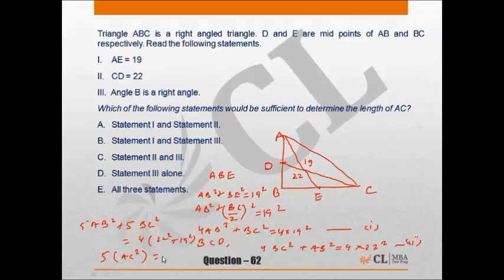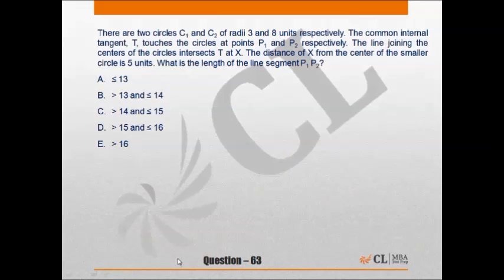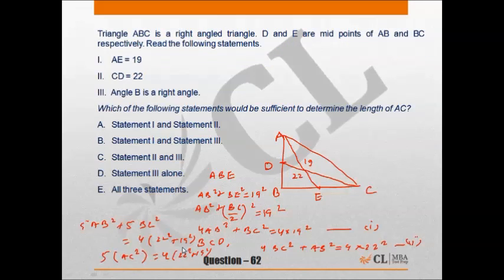So from here we get 5AC square equals 4 into 22 square plus 19 square. From this equation it's obvious that we can compute the value of AC, though we do not need the exact value of it. So to answer this question we need all the three statements. Therefore our answer would be option E.